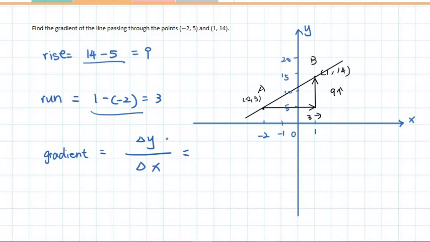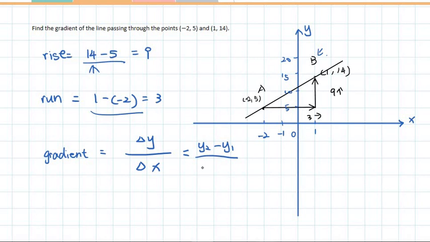We've learned that in science, and I think I've shown that a couple of times in math as well. So for the change in y coordinate, we use the second point take away the first point. In our case, we use B as our point 2, so we use 14 take away 5, that's y2 take away y1.